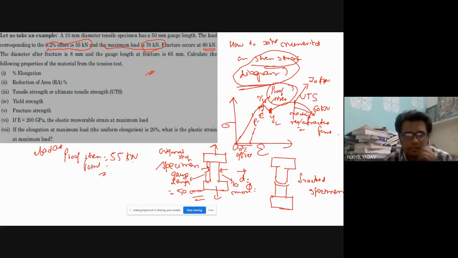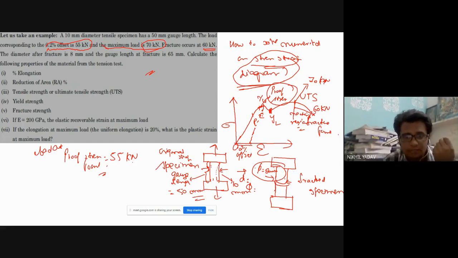Okay, fine. Now, the dia after the fracture is 8, so it might have gone lean, right? So the final dia at the fracture will be 8 mm. Okay, and the gauge length at the fracture is 65 mm.